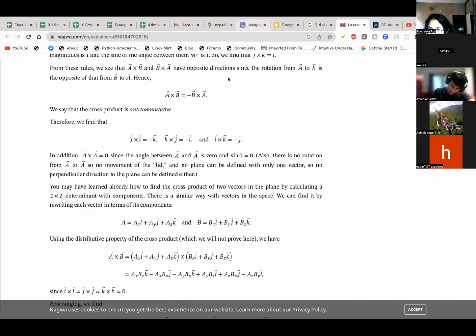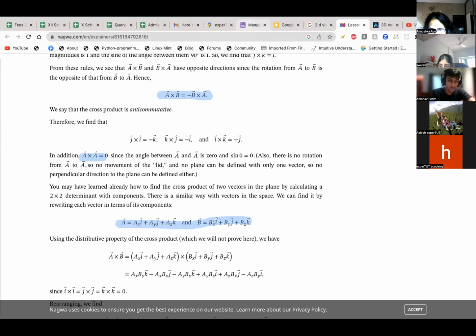Yes, wait a minute. Write this, write this, okay? Then write this: A is equal to AX i cap plus AY j cap plus AZ k cap, and B is equal to BX i cap plus BY j cap plus BZ k cap. I have not got to the determinants yet.